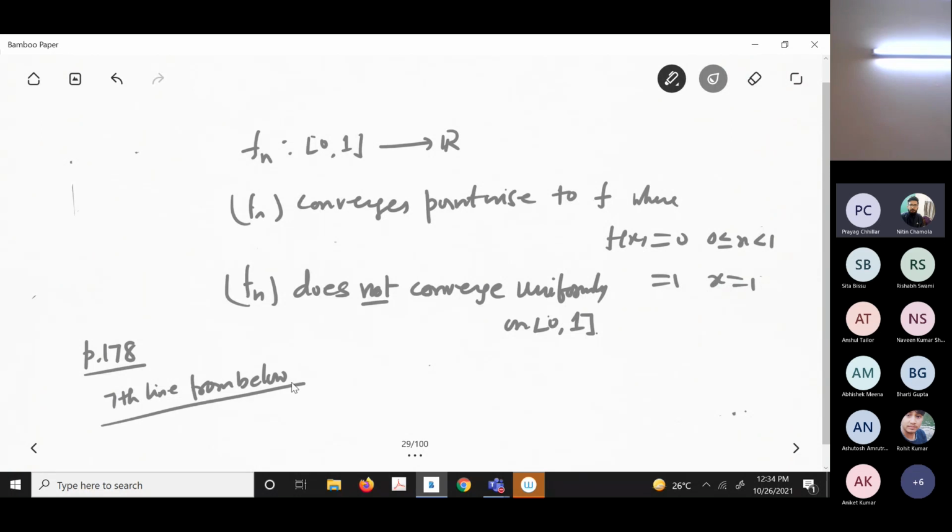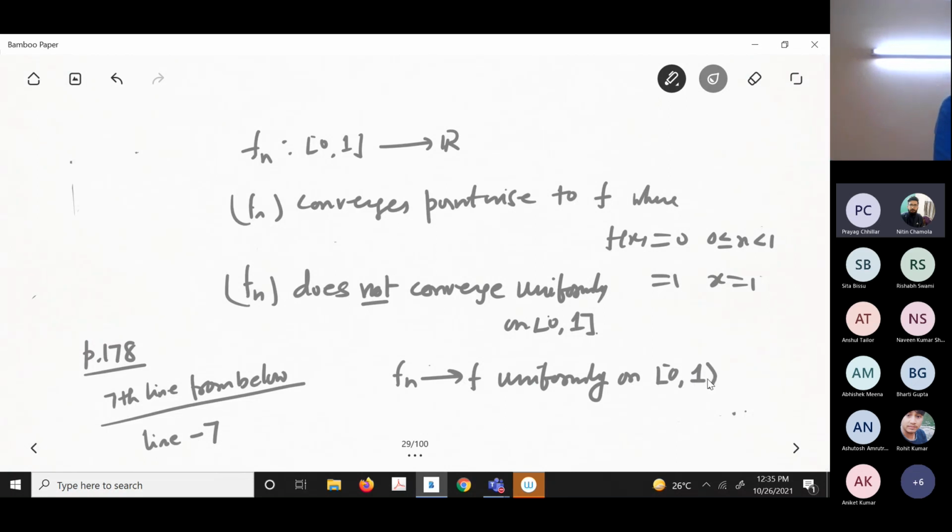Usually in journals, when you check the galley proof, they write line minus 7, meaning from below. I asked whether Fn converges uniformly, since 1 is making the problem. A student may think otherwise, so this statement is wrong. I was not very careful about that.